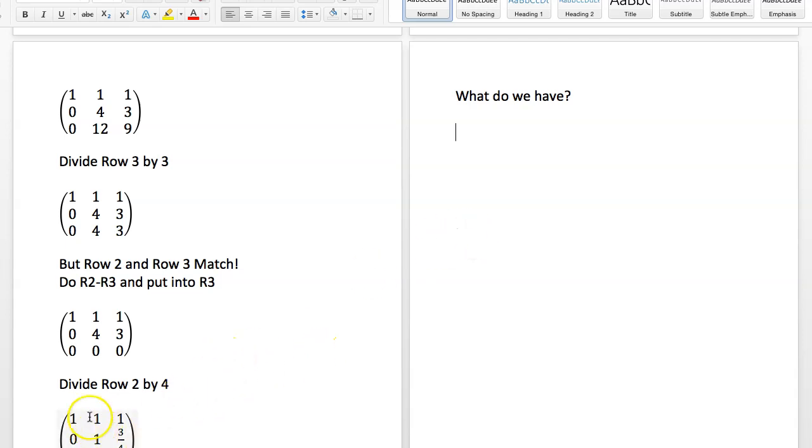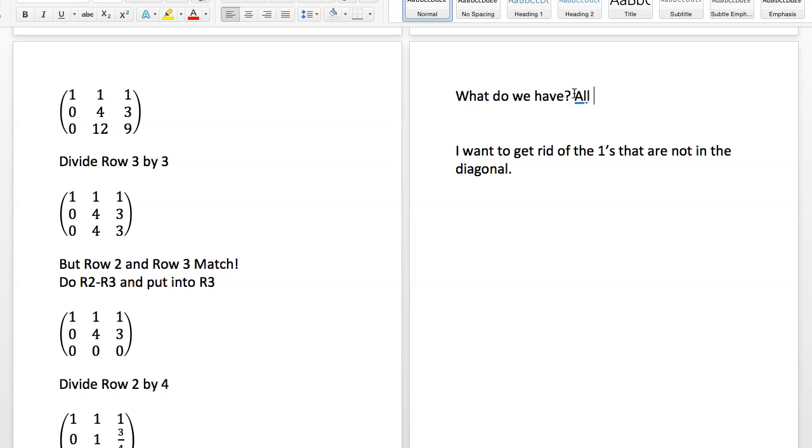I want this one right here in row 1, column 2 to vanish. I want to get rid of the ones that are not in the diagonal. This is going to turn out pretty. Okay, now what do we have?